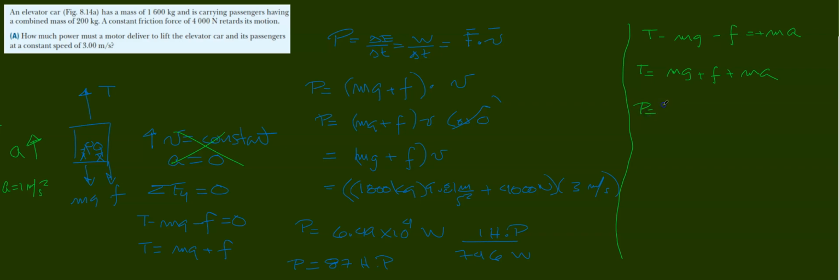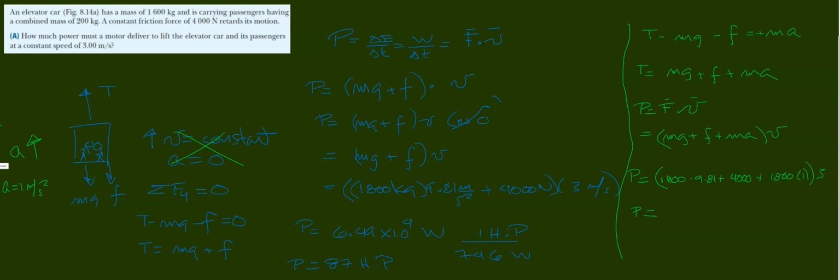So the power is going to be force dot velocity. The force is the tension, the weight plus the friction plus ma, times v. So for the power now, I have to do all the numbers again. 1800 times 9.81 plus 4000 plus 1800 times 1, and all of this times 3.